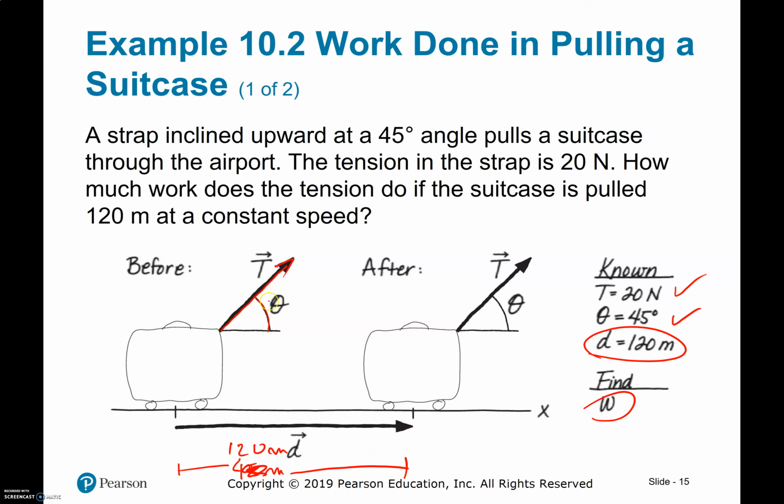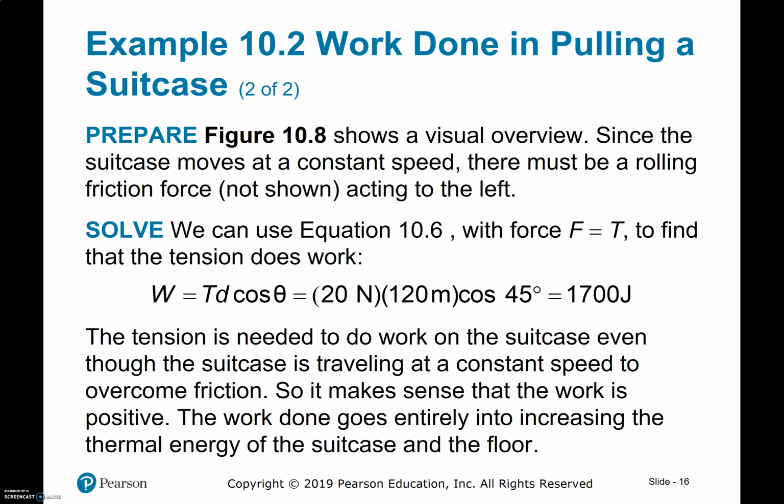Well, we need to find the F parallel, and that is equal to F cosine theta. And then the work would be F cosine theta times D. So let's see. F is the tension, right? Which is 20 newtons. And theta is 45 degrees.